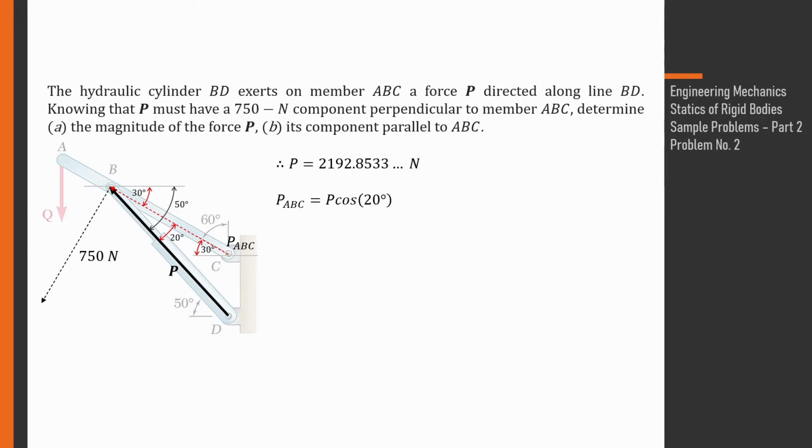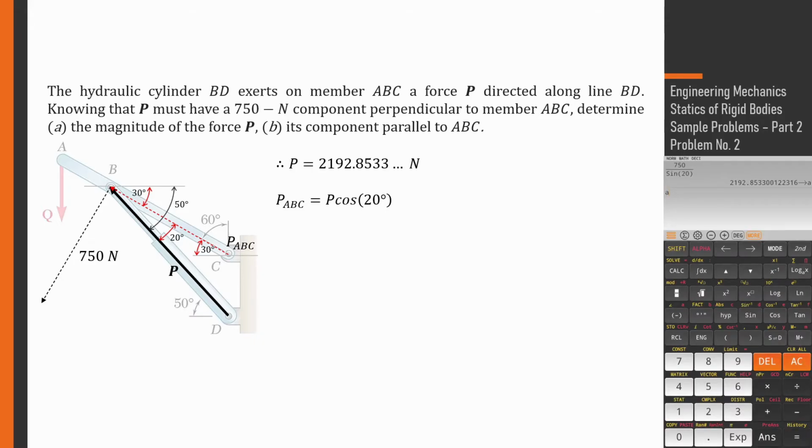And then the force for the component parallel to member ABC is equal to P cosine 20 degrees. Cosine because the member is adjacent to the angle, which is 20 degrees. So therefore, we're going to use cosine. So A cosine 20 is equal to 2060.6080 newtons.